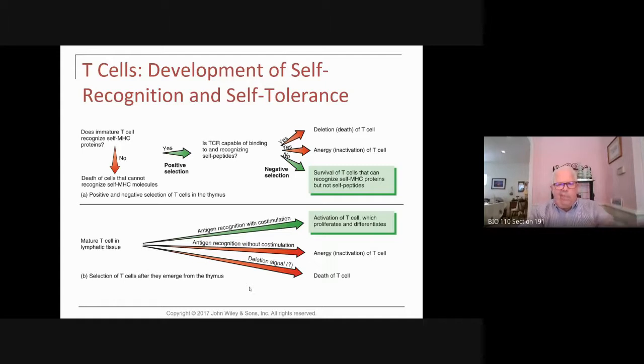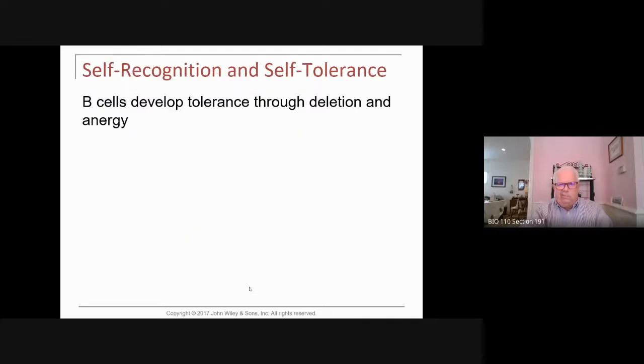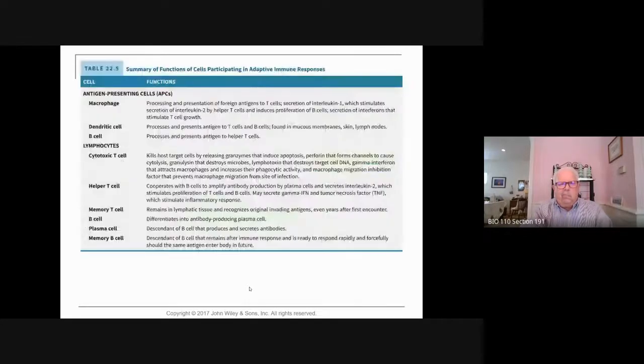I'm not going to belabor the point. I'll talk to you more about recognition of self. But these are the cells that you should know in the adaptive immune response. We talked about macrophages, neutrophils, and monocytes. They're known as APCs.